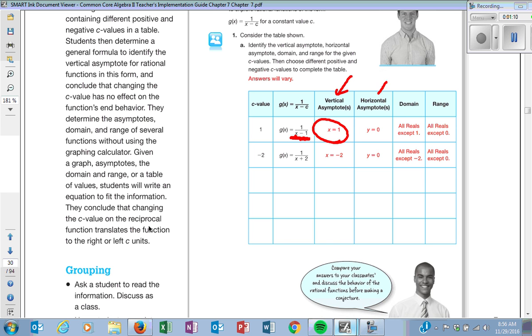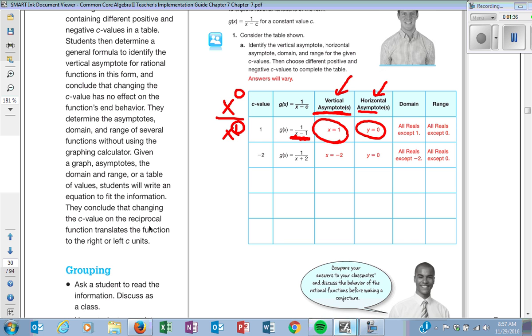For horizontal asymptotes, that's the m and n. When your bottom power is bigger than your top power, which here the power in the bottom is 1 and the top power is 0, it's always y equals 0 for your horizontal asymptote. Now, for the domain and range, your domain deals with your vertical asymptote, because that's going to be an x equals.